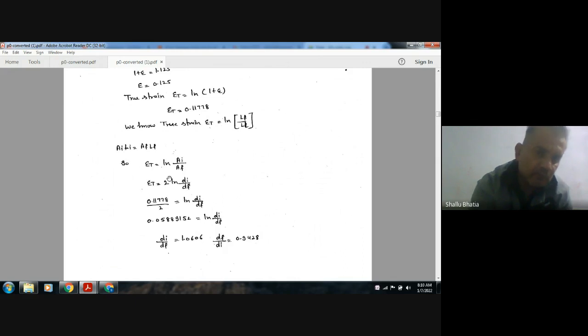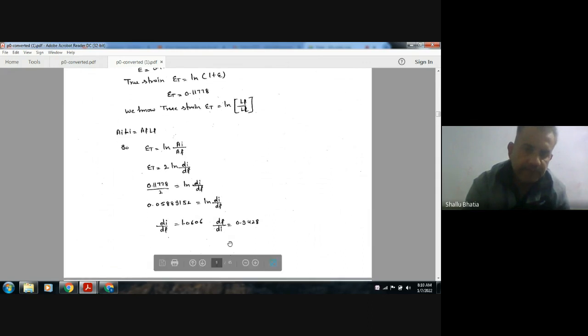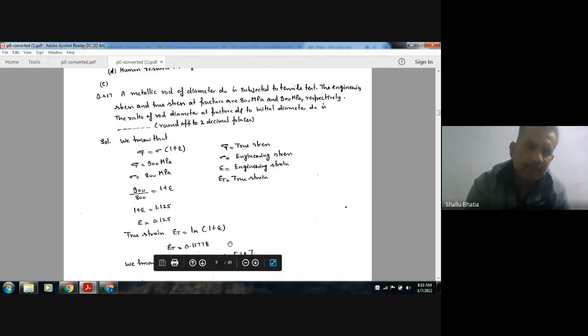So 2 will come out here, giving ln di by df. So di by df is 1.0606, and df by di is 0.948.